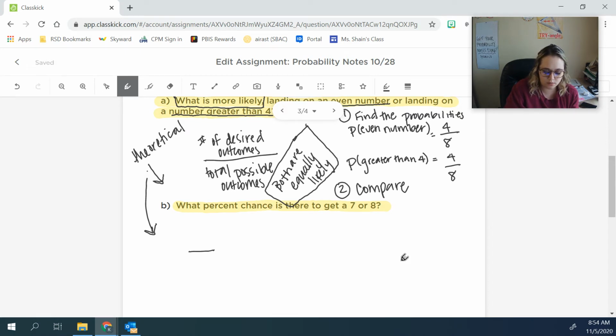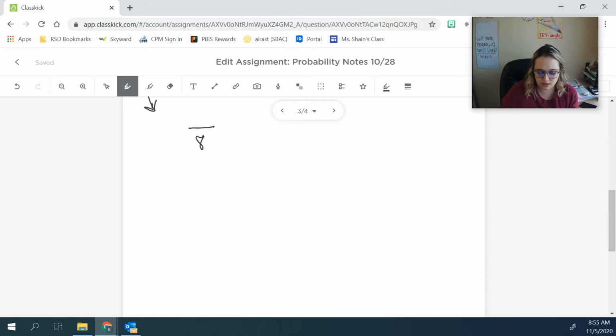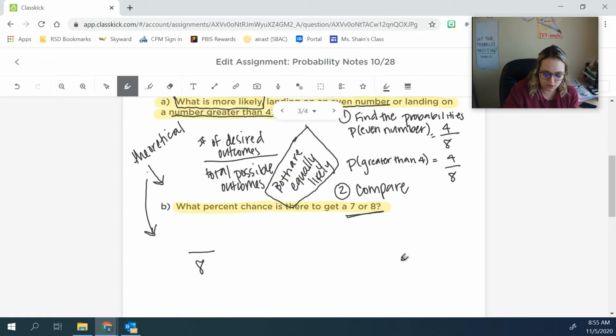Total desired outcomes over number of possible outcomes. There's still 8 sections on the spinner, but I want to know what the probability is of getting a 7 or an 8. So one of these 2 sections. So 2 out of 8 sections on the spinner are 7 or 8. Now I need to turn this into a percent.